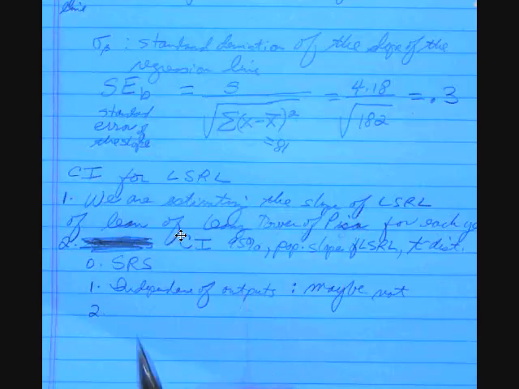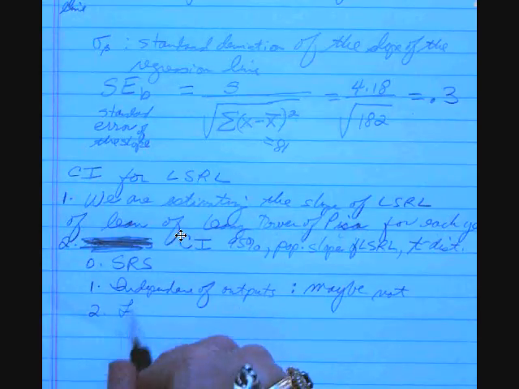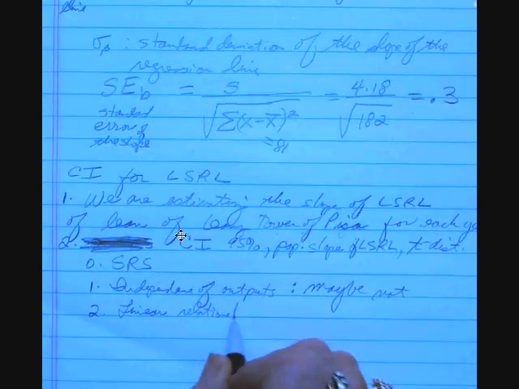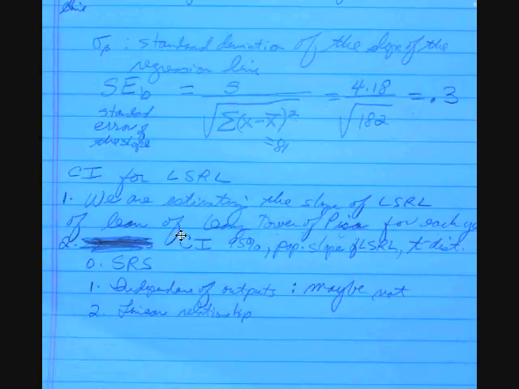Is this a linear relationship? How did we check for condition number 2, linearity? So just for linearity, the scatter plot is great. So let me get mine up.